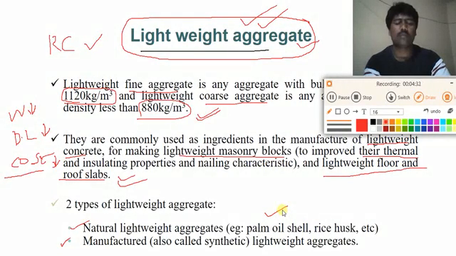Those type of shells are lightweight aggregates. And also rice husk, which is a natural lightweight fine aggregate. This is a fine aggregate, and this could be a coarse aggregate.